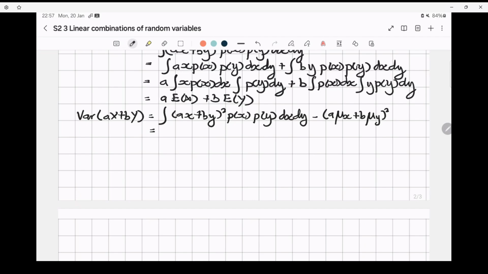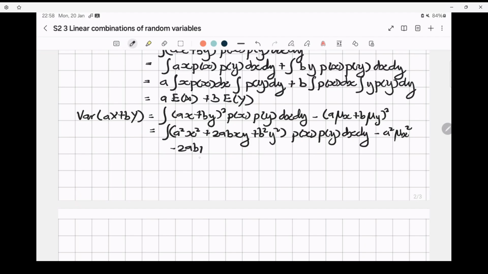So now you just expand everything. You have a square x square plus 2abxy plus b square y square. This whole thing you need to multiply with px, py, dx, dy. Minus, expand the whole thing, you get a square mu x square, minus 2ab mu x mu y, minus b square mu y square.